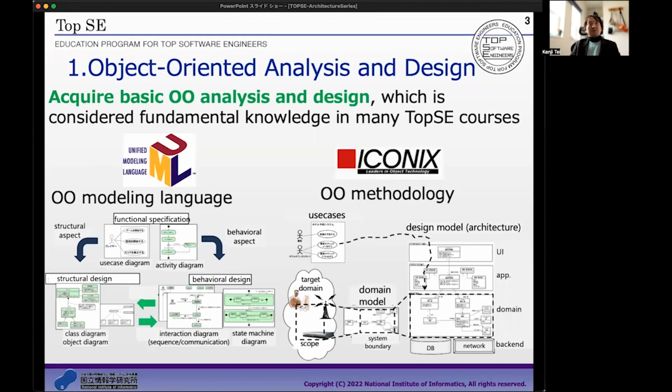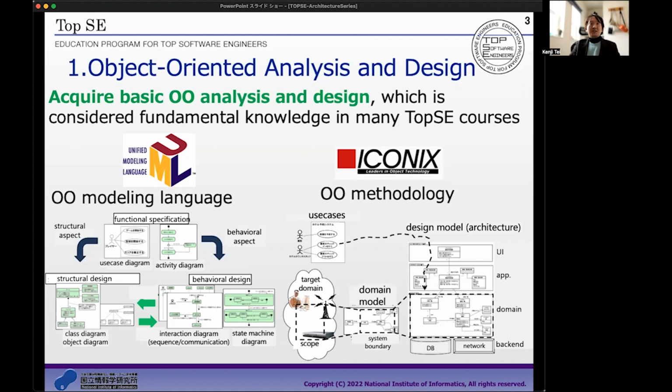The first course of this architecture series is object-oriented analysis and design. This course is to acquire the basic object-oriented analysis and design because it is considered fundamental knowledge in many top SE courses, and also in many industrial developments.